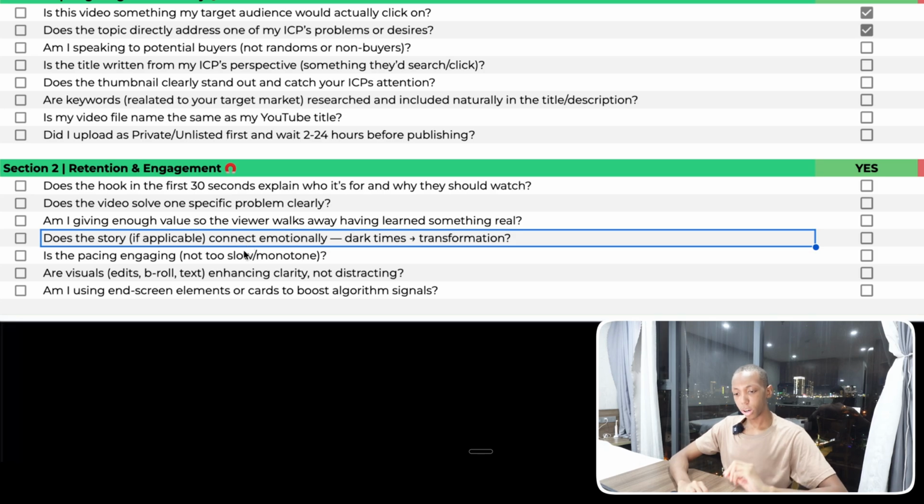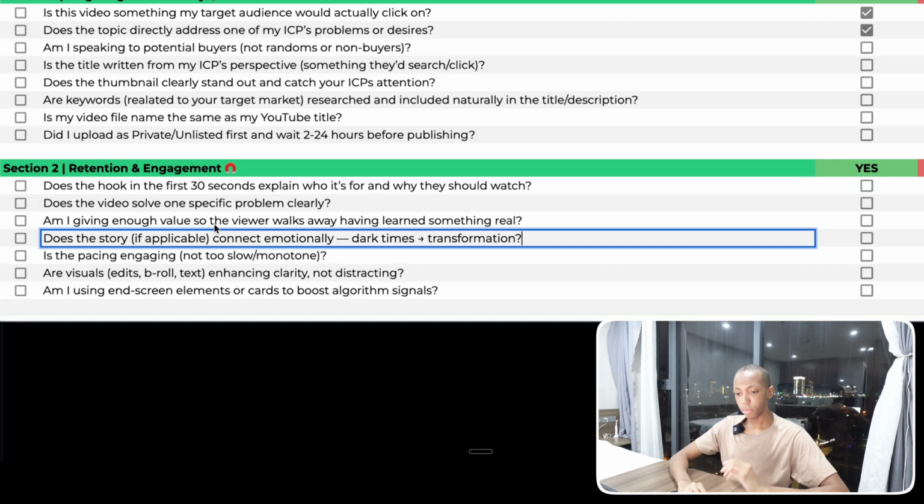Fourth thing, does the story, if applicable, connect emotionally from dark times to transformation? And I say if applicable because some videos don't require you to tell your story. For example, I know some B2B YouTubers who we have as clients who don't really talk about their story. They just talk about a bunch of social proof that they have, which is fine. But if you are going to tell a story, which is usually applicable for B2C creators, people targeting other normal people, not other businesses, then for example, in the sales niche, you would always want to talk about your story.